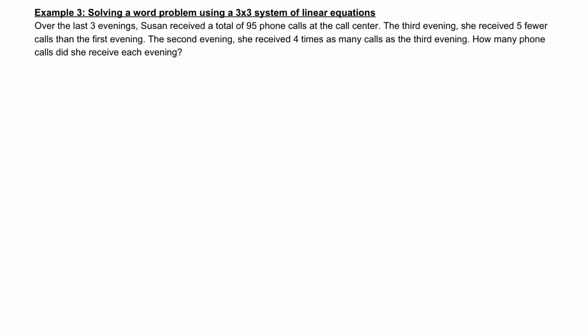Let's start again with our variables. So what are we trying to find in this problem? We are trying to find the number of phone calls each evening. So there are 3 different evenings. So let's let x equal the number of calls for the first evening.